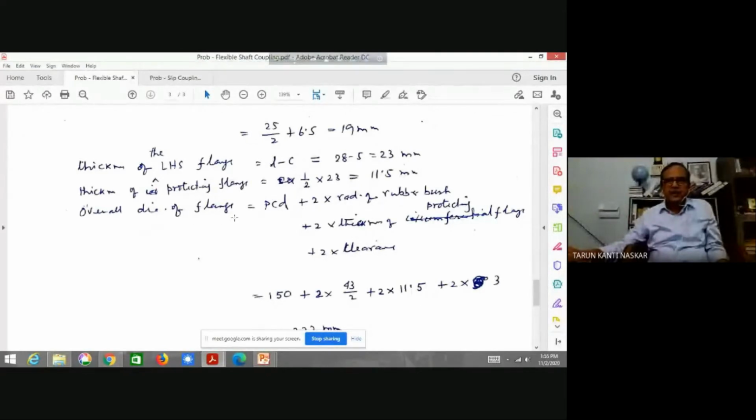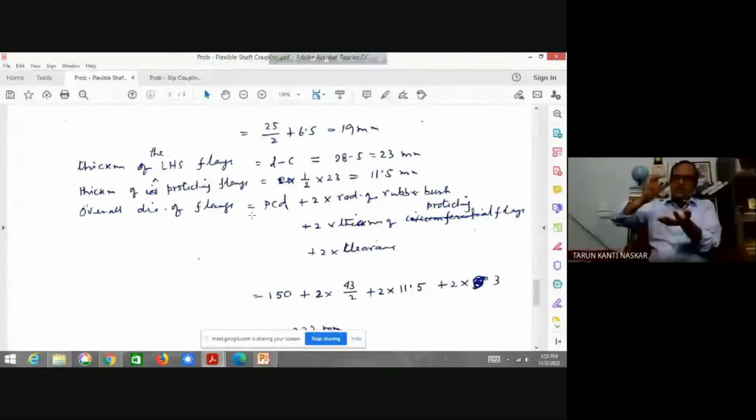Overall diameter of the flange. Overall diameter of the flange means there is the PCD, then the radius of the rubber bush, and then the thickness of the protecting flange, and there must be some clearance for rotating the flange.